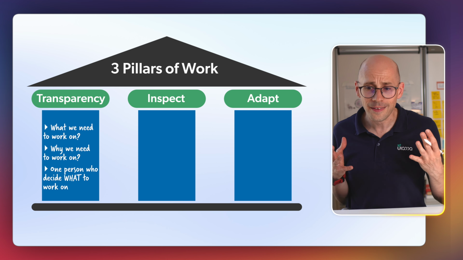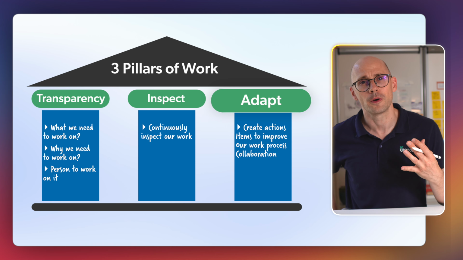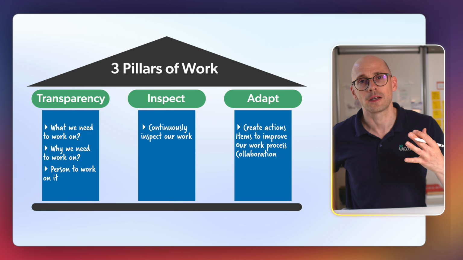The second one is inspect. We want to continuously inspect our work to think, how can we improve? How can we become better aligned to the organization, creating more value for the organization? And when we inspect, we also want to adapt. This is something we are going to talk about later on.